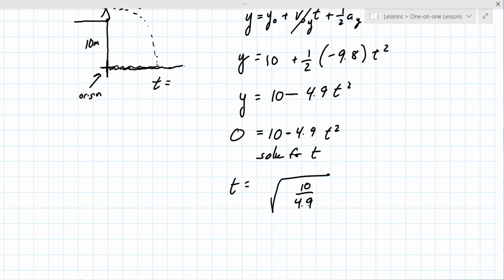All right, I'll calculate that. I got 1.43 for this.